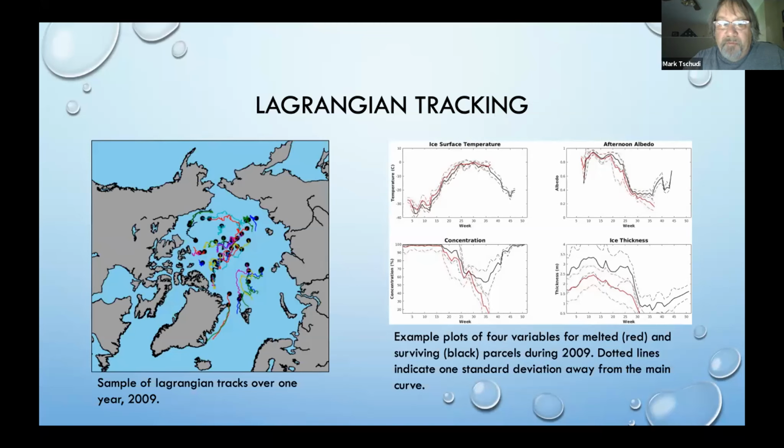This is, in a sense, like looking at virtual buoys, if you will, and tracking their individual properties, which really opens up a nice area of study to see how the motion of these ice parcels is affected by what they move through, what surface temperatures they move through, and how that affects concentration and ice thickness.